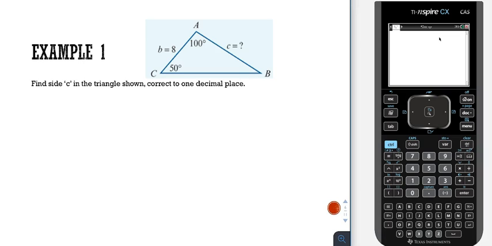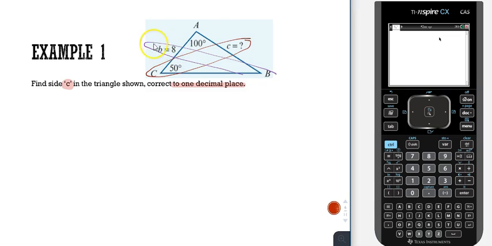So for this example, find c in the triangle shown, correct to one decimal place. Now, note the pairs of items. I've got a pair here, C and c, 50 degrees, and we're trying to find a length c.